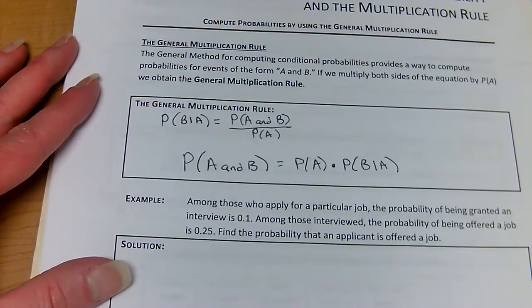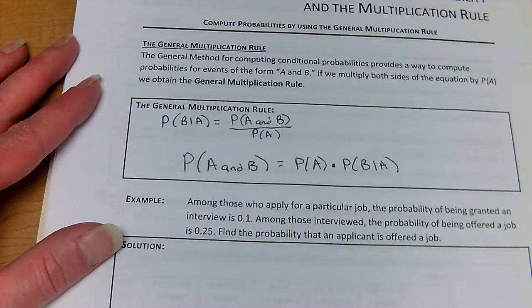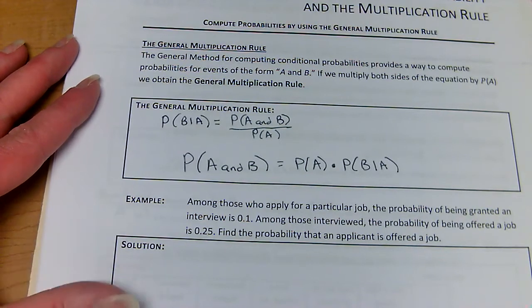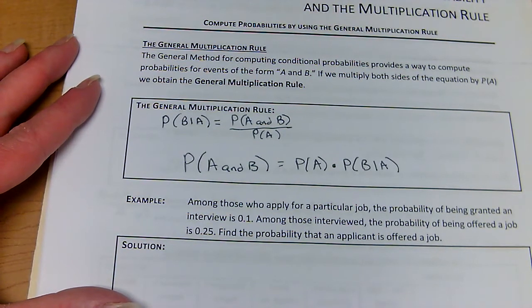Among those who apply for a particular job, the probability of being granted an interview is 0.1. Among those interviewed, the probability of being offered a job is 0.25. So find the probability that an applicant is offered a job.